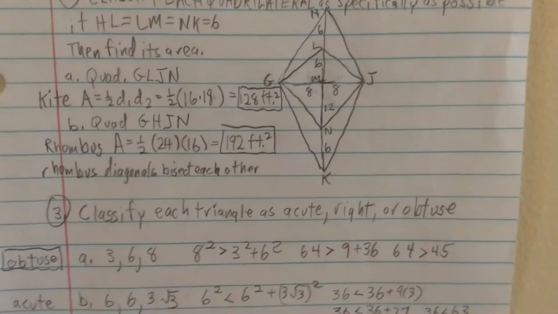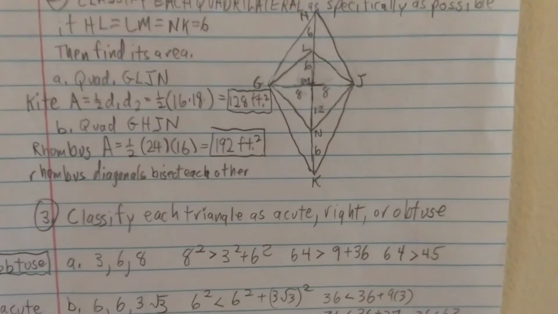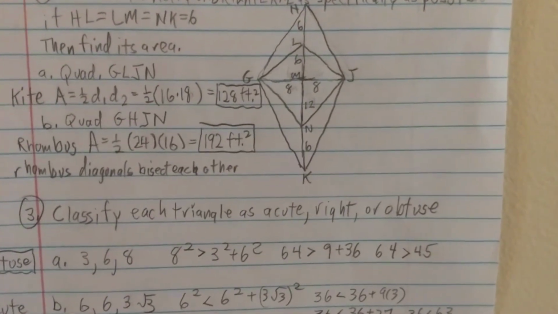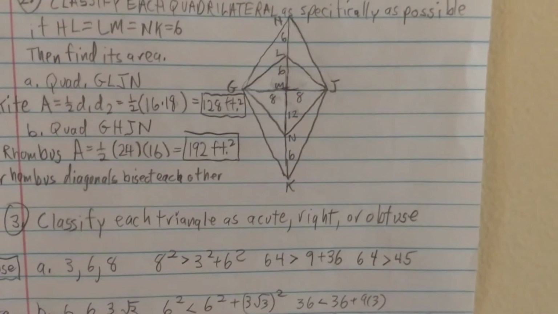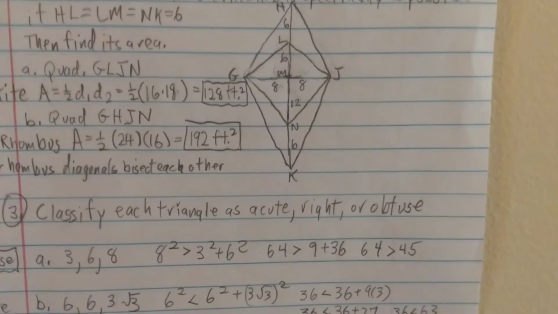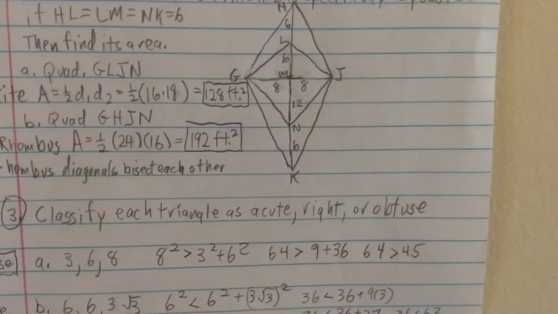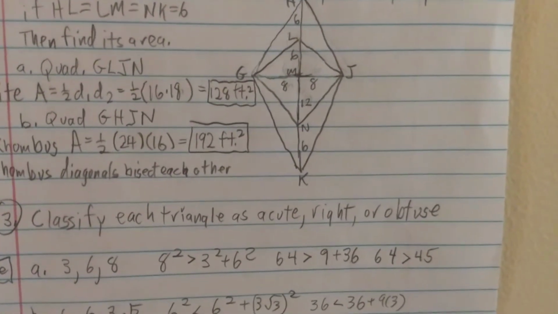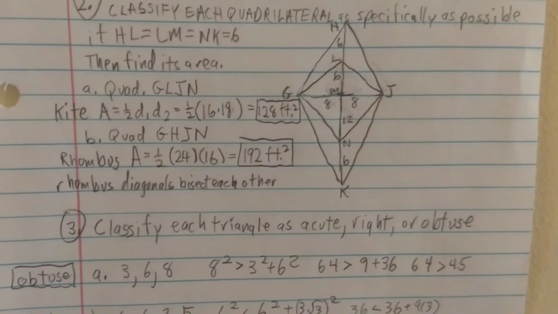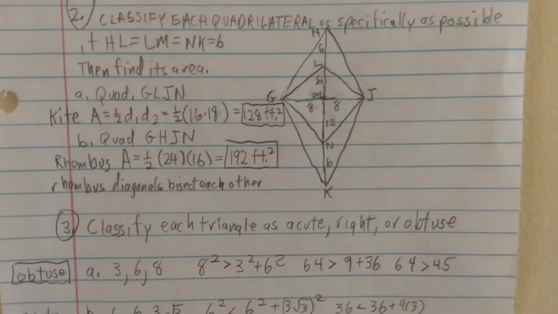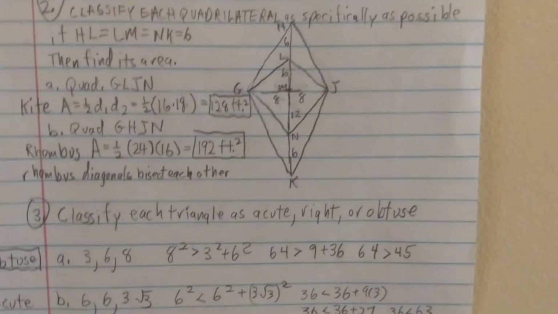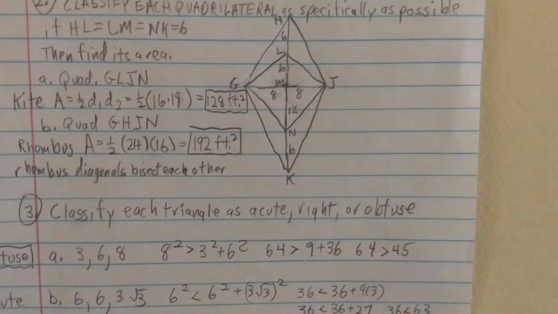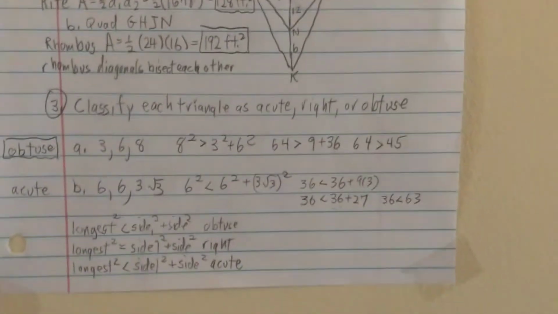So for that we have GJ being 8 and 8 on either side of HN, and H to M is 12, and M to N is 12, so we truly have diagonals bisecting each other. So again, we have 1/2 diagonal 1 times diagonal 2, or 1/2 times 24 times 16 is 192 square feet.